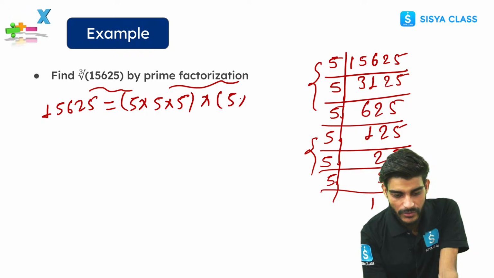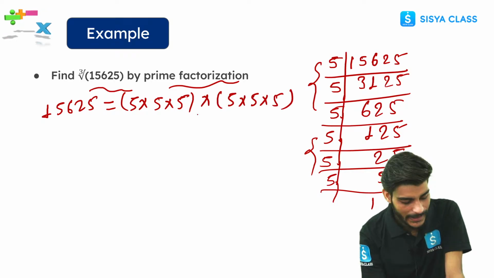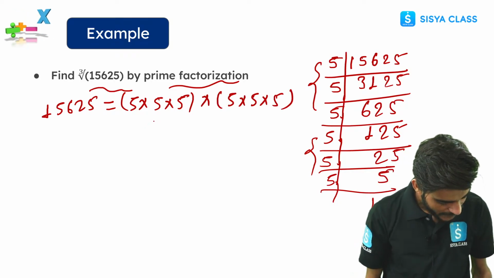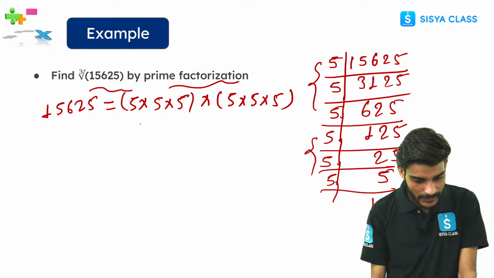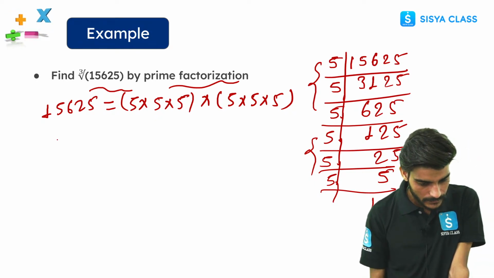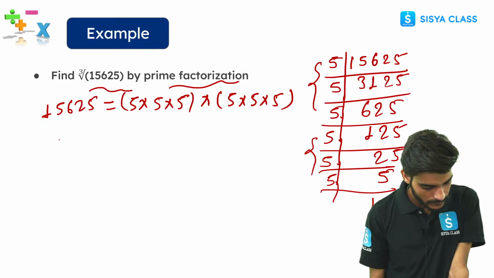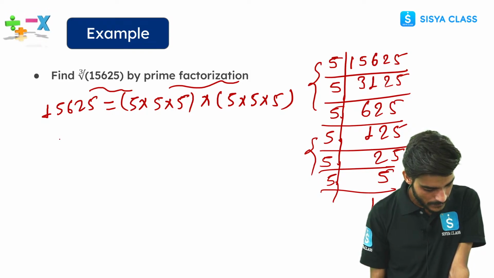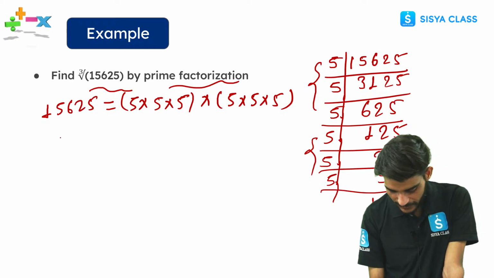into 5 into 5 into 5? Can I write this? 5 into 5 into 5 and 5 into 5 into 5? Yes or no? Please verify this.